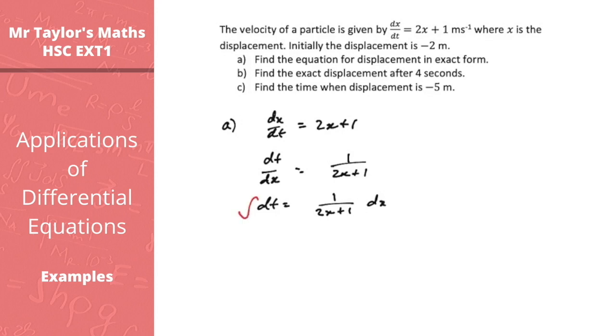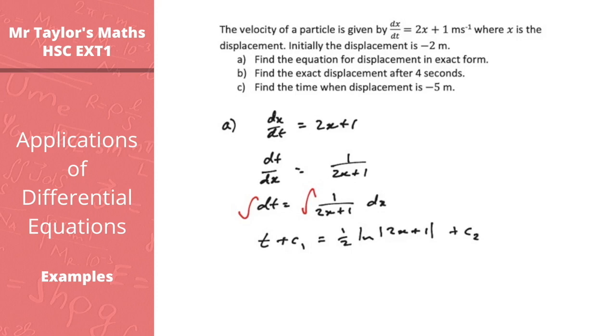The integral of dt is t plus some sort of constant, equals, well, this one's going to be ln of 2x plus 1. But if you think about that as a chain rule, then the derivative of what's in here is 2, so I also need to multiply by a half, and then that's plus c2.